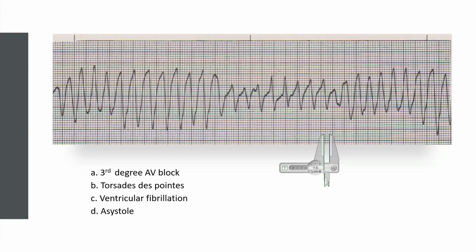Torsades de pointes is a specific form of what is known as a polymorphic ventricular tachycardia. And this usually is found in patients with long QT interval. So what is the characteristic of a torsades de pointes? Well, torsades de pointes is a French phrase which literally means of different heights or of different points.